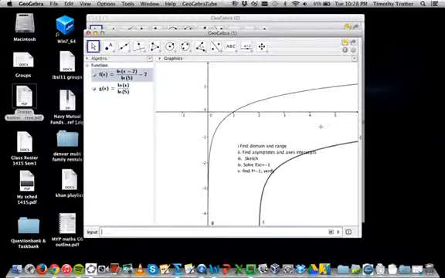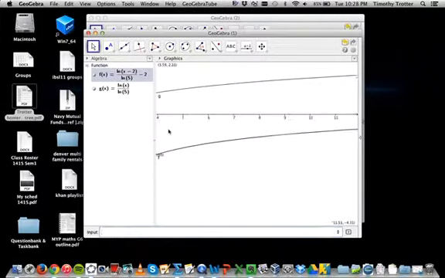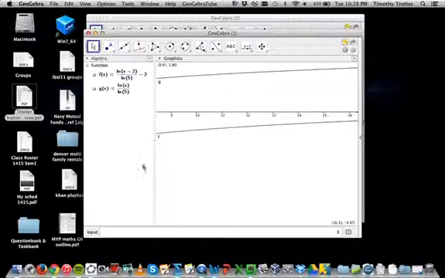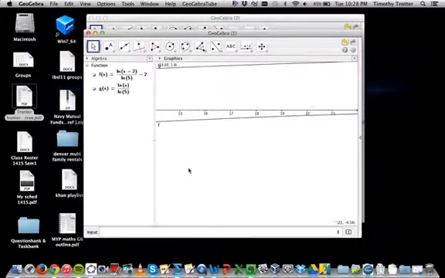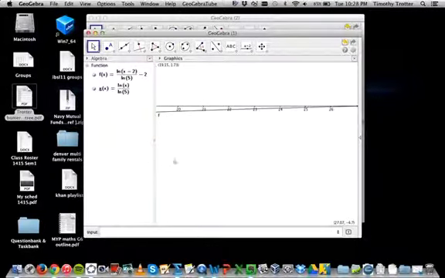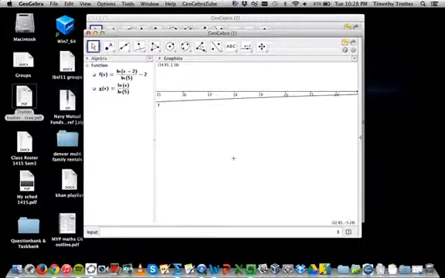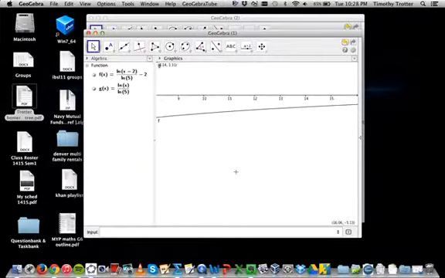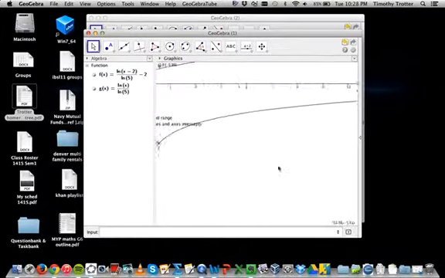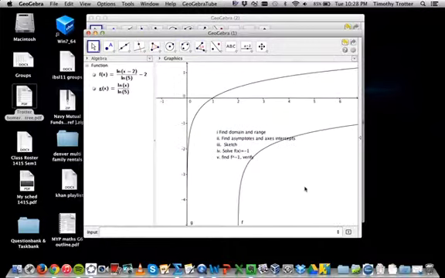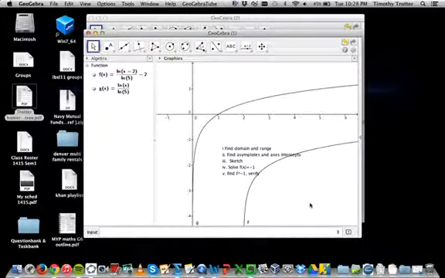Now where does it cross the x-axis? I can hold the shift key and drag over and see where that might be. Whoa, it's a lot further over than I expected. It looks like 27. So the x-intercept is now at 27.